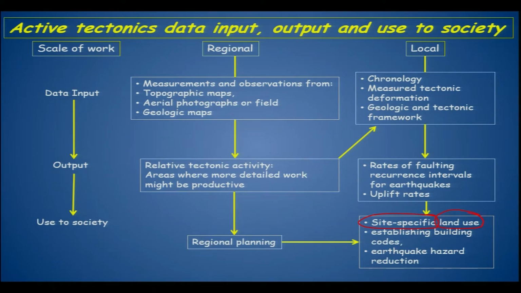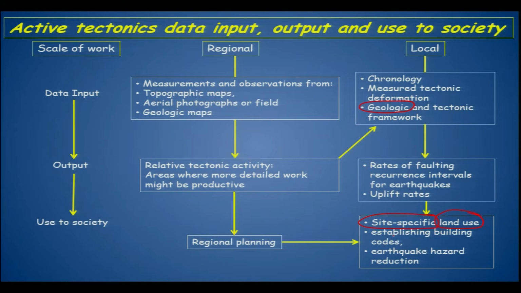So if you have the information about the faulting rate and all that, then you can also talk about the magnitude. You can also discuss the probability of experiencing an earthquake in the near future, with the help of the magnitude and the geology.